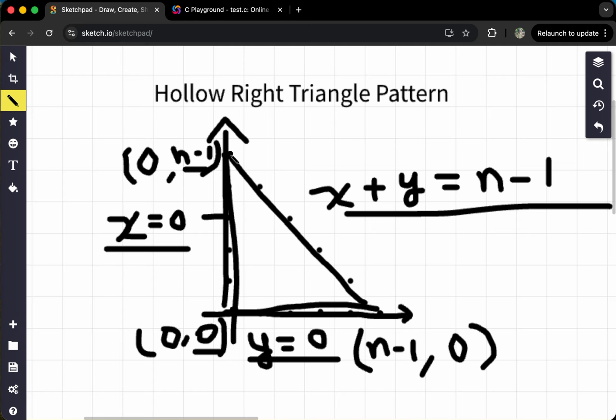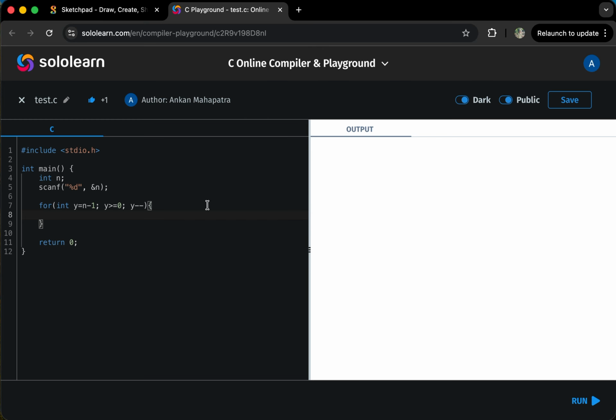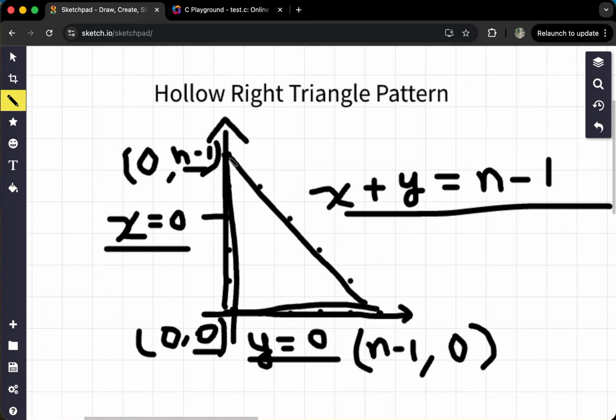So once we are at each row, we have to iterate through the x coordinate also. So x is starting from 0 and ending at n minus 1. So let's take another for loop, int x equal to 0, x is less than or equal to n minus 1, and we are incrementing our x by plus 1. Now we are at each cell level, at each point.